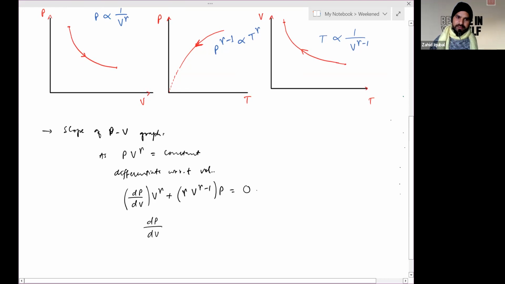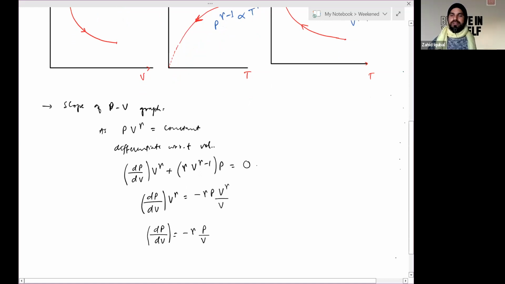So dP by dV multiplied by V to the power gamma equals minus gamma P V to the power gamma, and V to the power minus 1 will be in denominator. So V to the power gamma and V to the power gamma will cancel out. So you're left with dP by dV equals minus of gamma P by V. So from this part, you'll be asked to relate slope of isothermal curve and adiabatic curve.